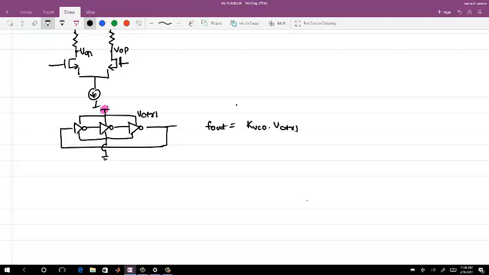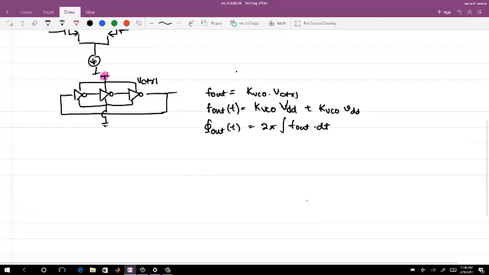In that case, the frequency at any given time t is KVCO times whatever VDD supply you have for this VCO plus whatever overriding noise you have, which I am noting as small vdd. That will be the change in the frequency you will see. Then the phase at any time t is 2 pi integral of fout dt, and you can find the PSNR for this ring VCO.